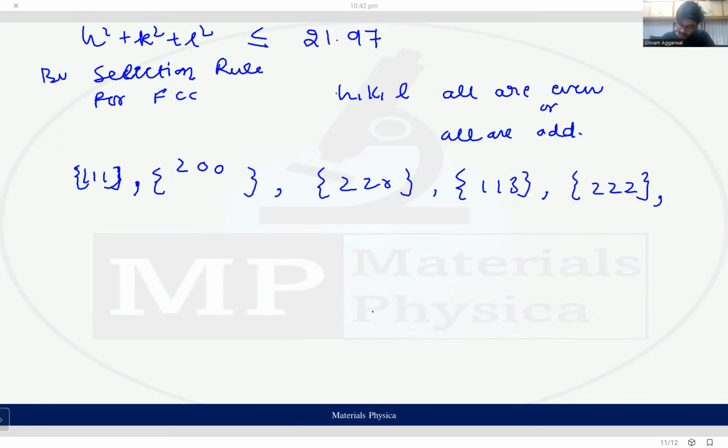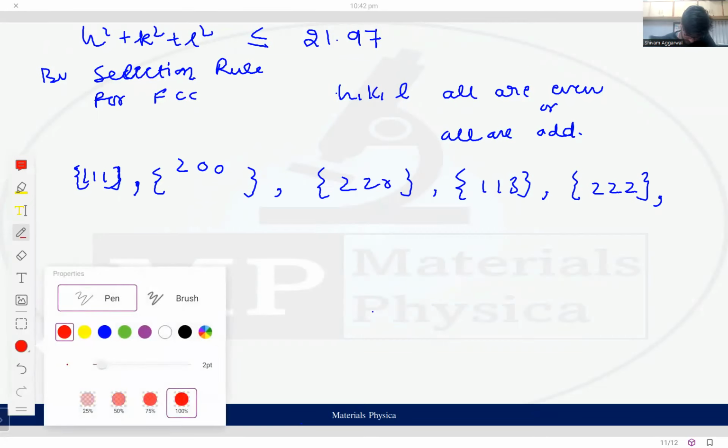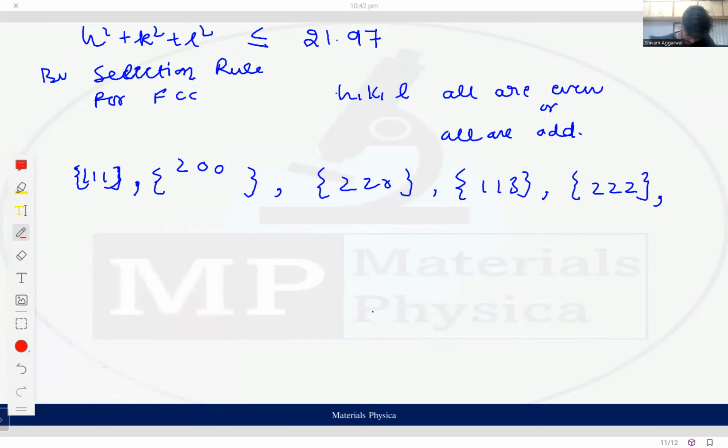If I check the total of h square plus k square plus l square, for this it is 3, for this 4, for this 8, for this 11, and for this 222 it is 12.